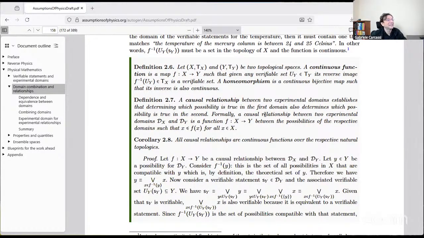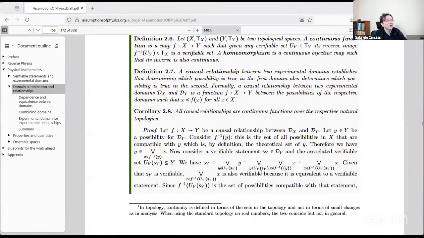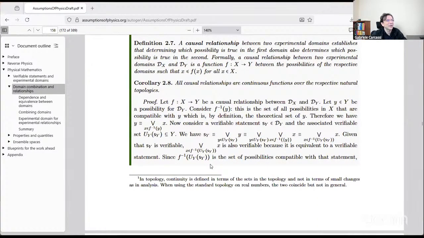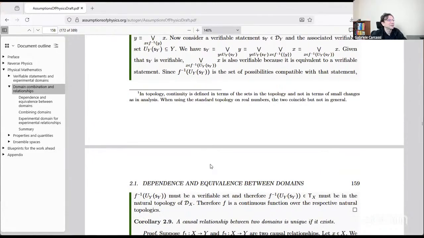So any statement in dy that can be expressed not just in dx, but in d bar x in the theoretical domain, has to be verifiable, because y is verifiable and they are equivalent. That's basically the core. Then you have to prove that mathematically, and you prove it with disjunctions, but it's not that complicated. It's just technical.